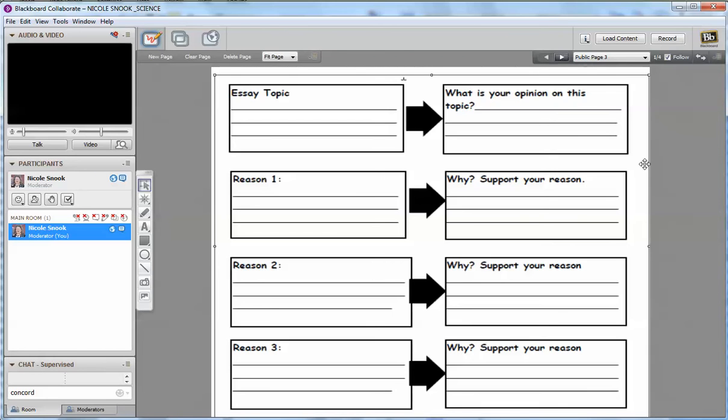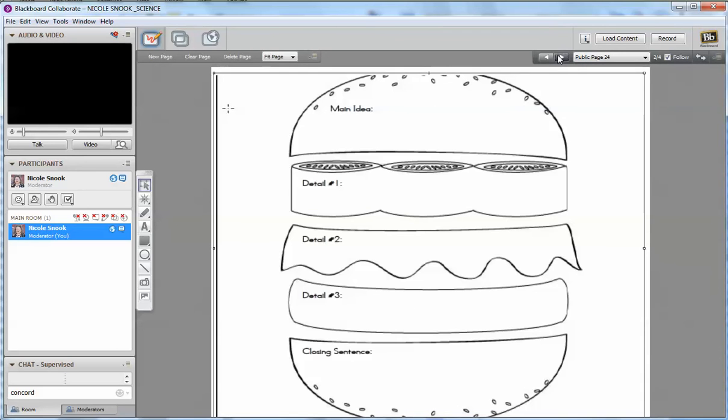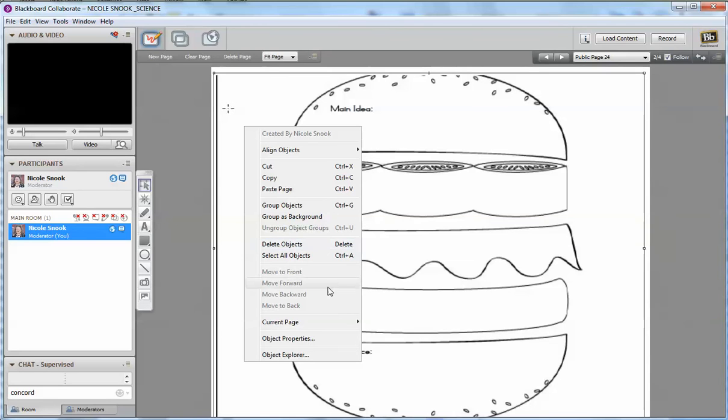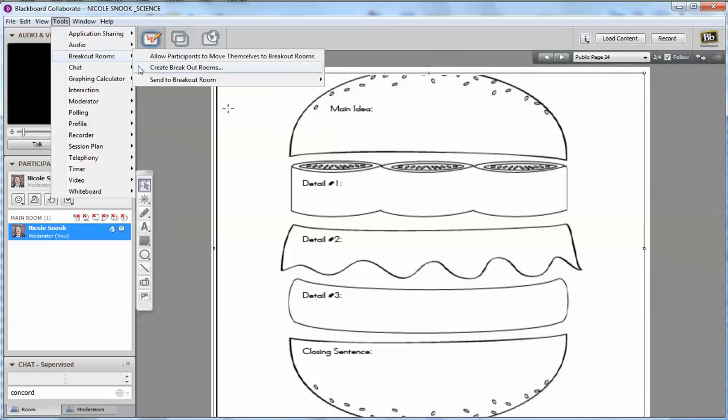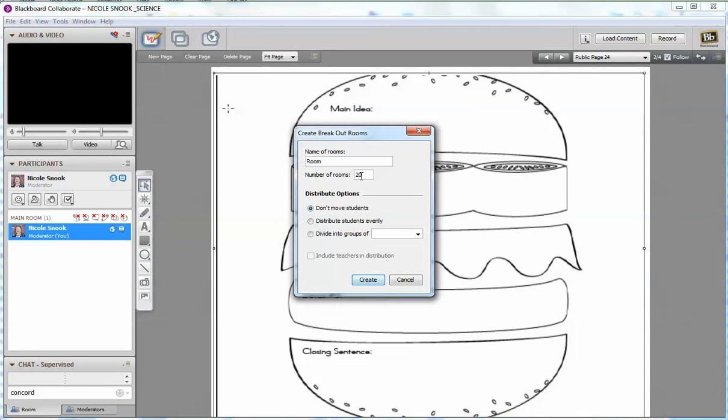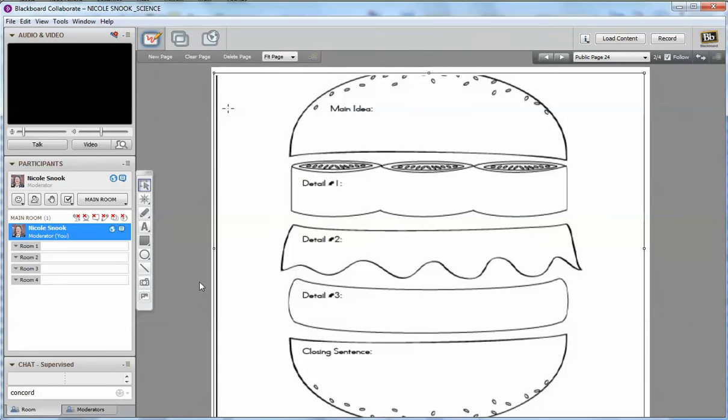Now, how could you break this up into smaller chunks for those struggling students? Well, the first thing I would do is create breakout rooms. And for example, if I were to use this particular image and I had 3 or 4 students in the classroom, I would go ahead and break them up individually into 4 different rooms.